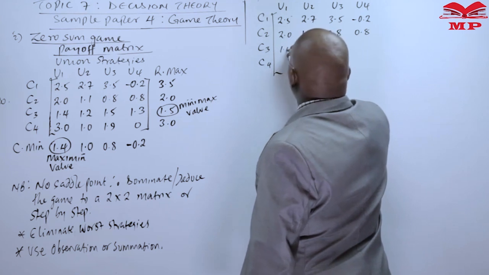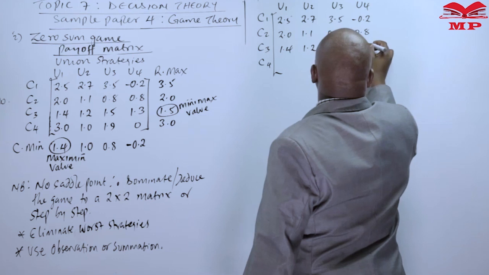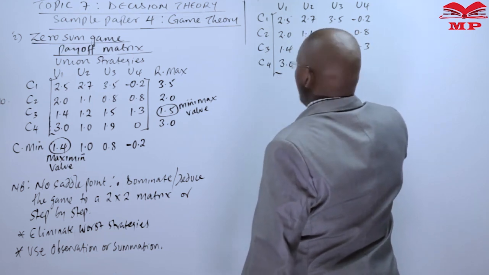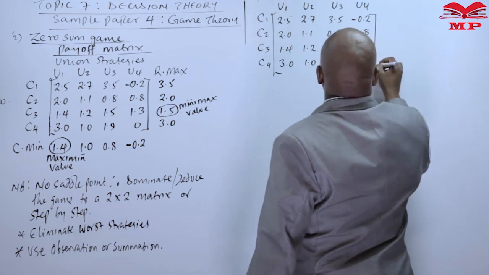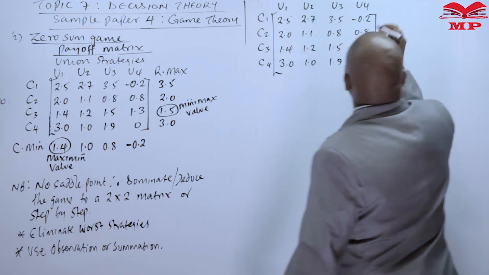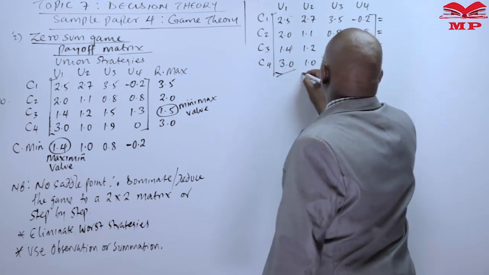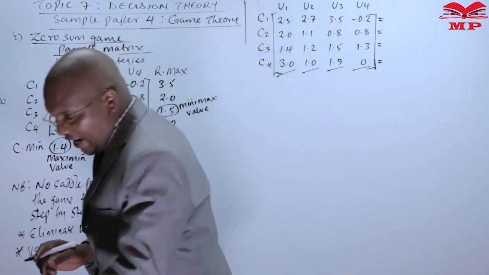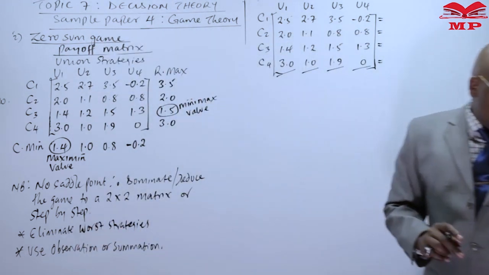We have 1.4, 1.2, 1.5, and 1.3. And this is 3.0, 1.0, 1.9, and 0. So we are going to use the summation. So we sum up row-wise and also column-wise. As we sum up row-wise and column-wise, we are going to have these kinds of calculations.